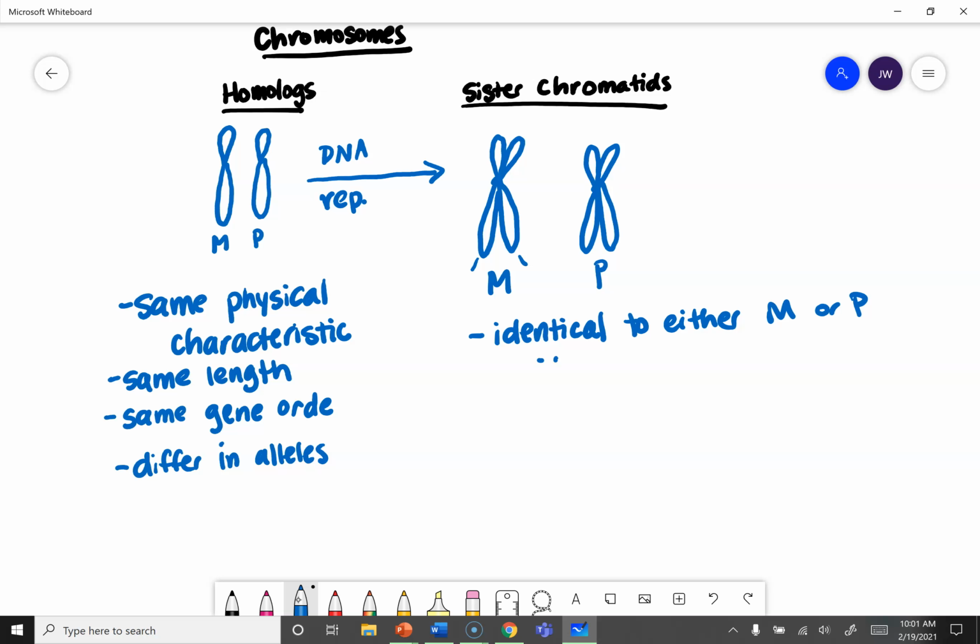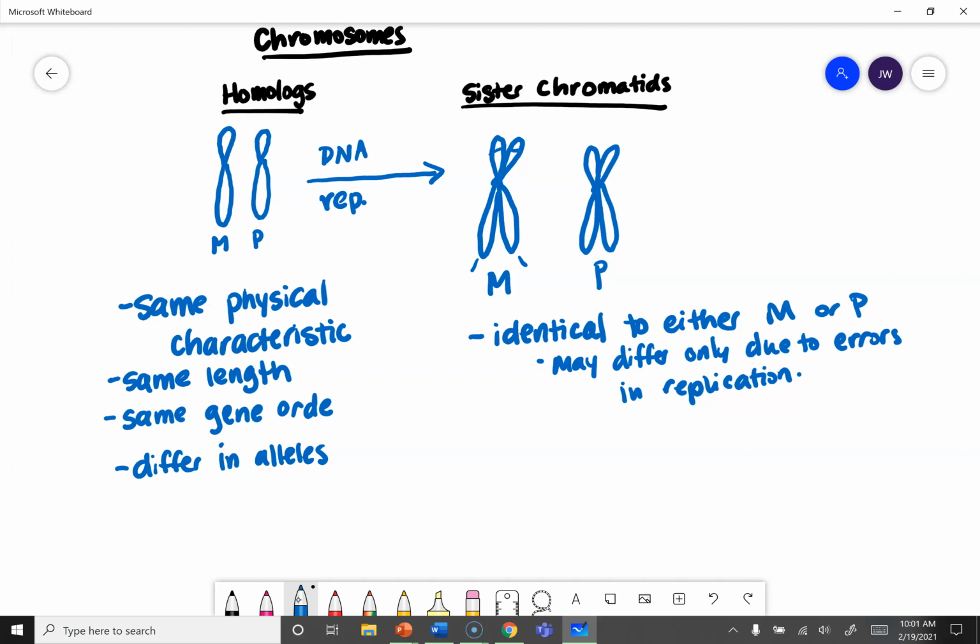Now, they may differ only due to errors in replication. Okay, so you might have a few sequence changes, but for all intents and purposes, we are 100% identical.